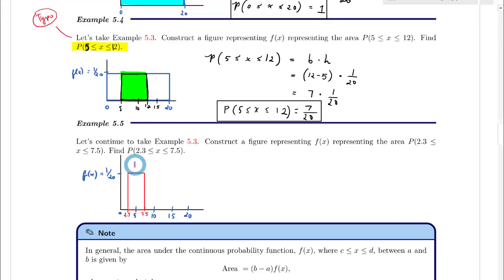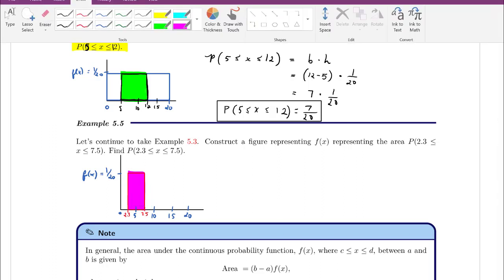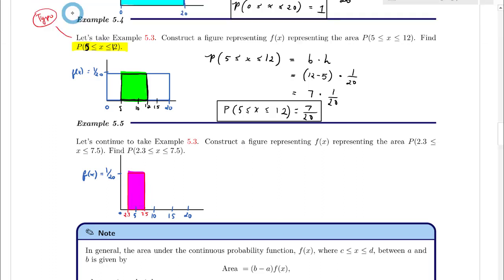And if I just shade this a little, that's the area.